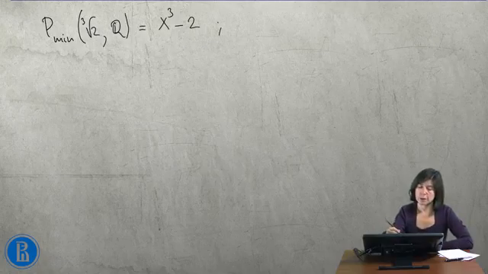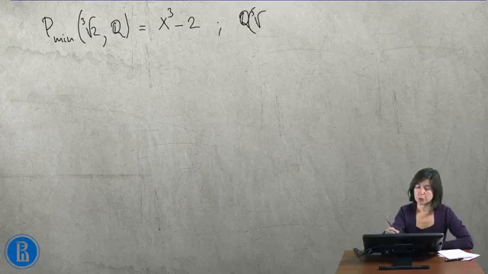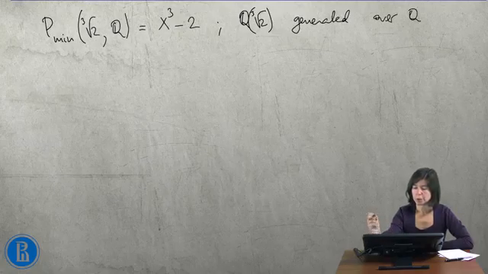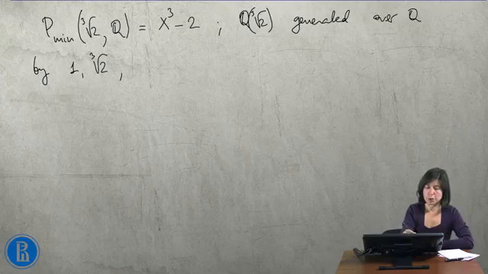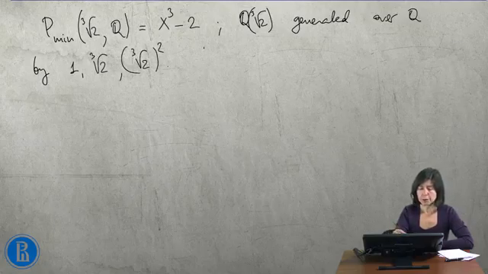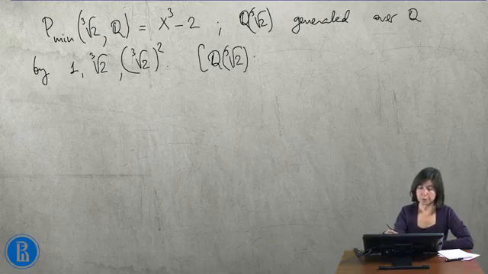And so Q with cubic root of 2 is generated over Q by linearly independent elements 1, cubic root of 2 and cubic root of 2 squared. So the degree of Q with cubic root of 2 adjoined over Q is equal to 3.